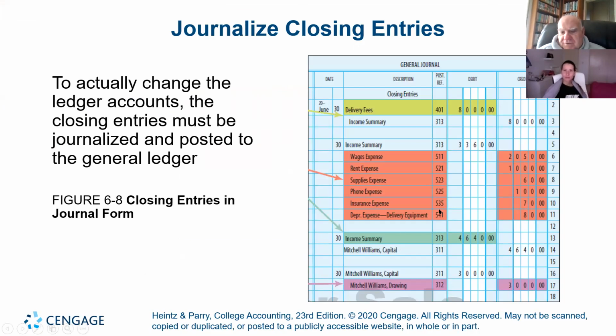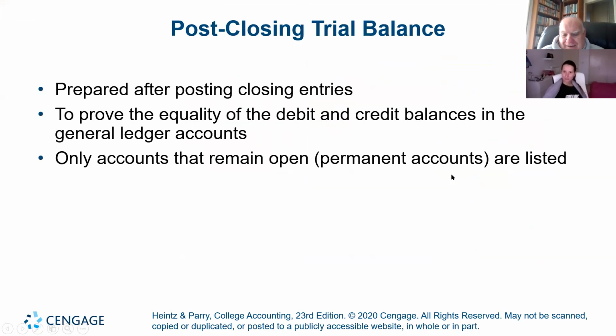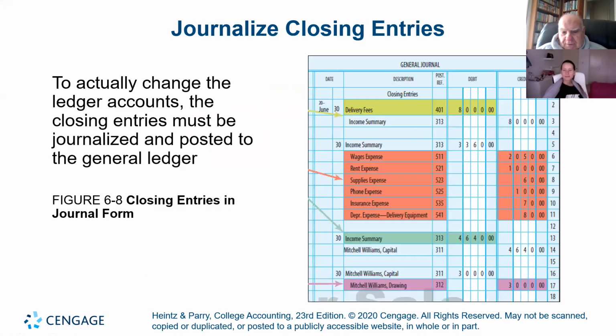Here you go. This might help us too. The journal entries. Look at your journal entries here. How did we clear out delivery fees? With a debit, we credit income summary. So the balance of income summary now represents your sales. How do we get rid of all these expenses? By crediting them to zero, adding them up, and that becomes a debit to income summary.